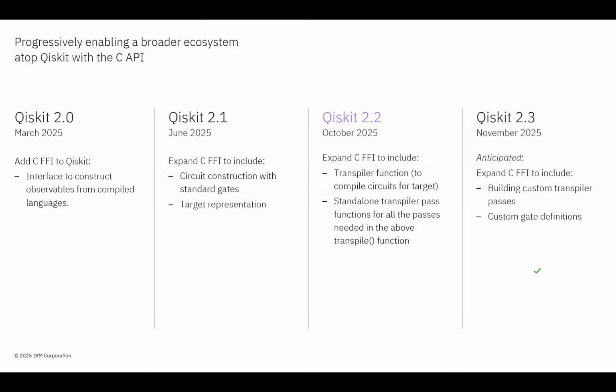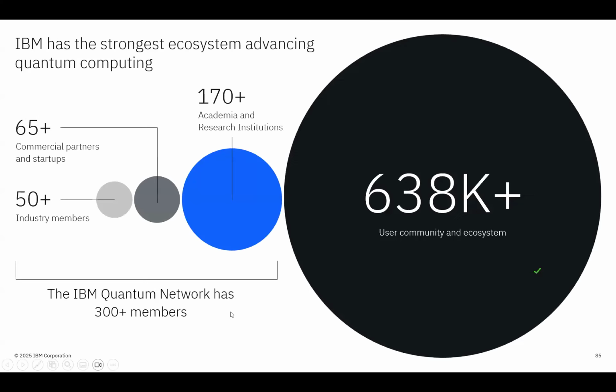One last thing I want to show you is what our ecosystem looks like. We now have 300-plus members, 170 in academia and 65 commercial partners, and this is a huge user community ecosystem.